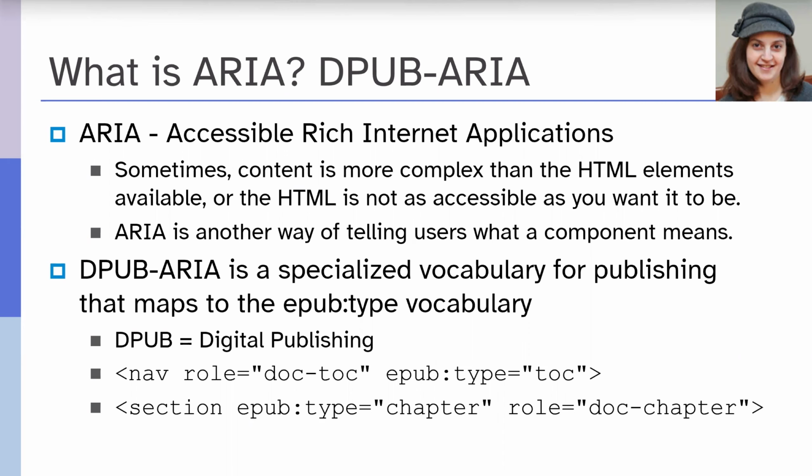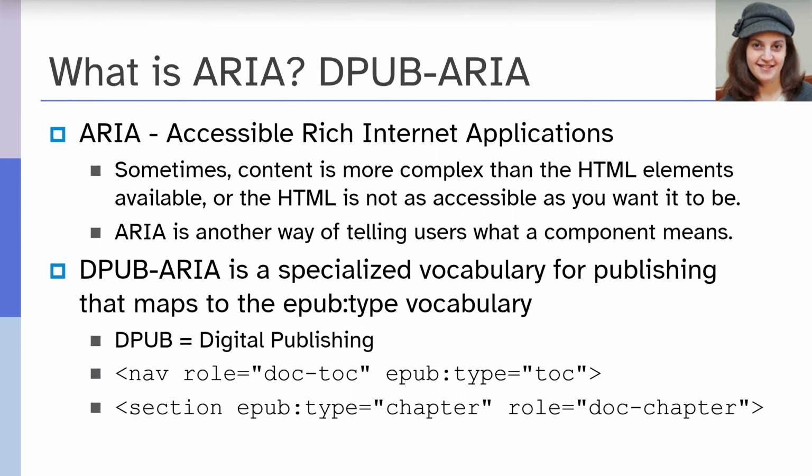Or you may be provided HTML that's not as accessible as you want it to be, or perhaps you're working with JavaScript that doesn't necessarily have encoded HTML. This is a way of telling users what a component means. So for example, if you have a div, but you want it to act like an HTML button, you add the ARIA role button. So if you encode it div role equals button, it will act like an HTML button.